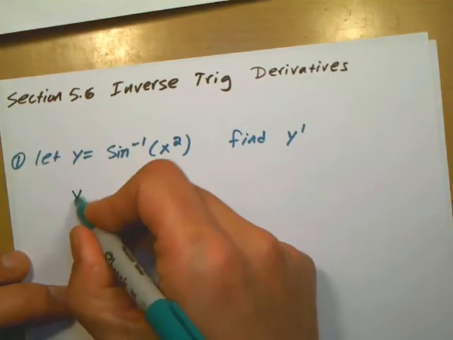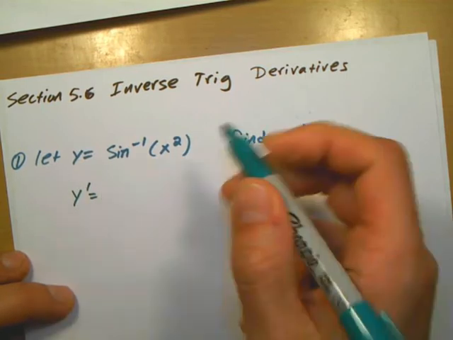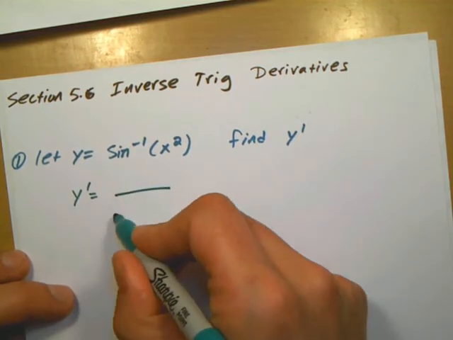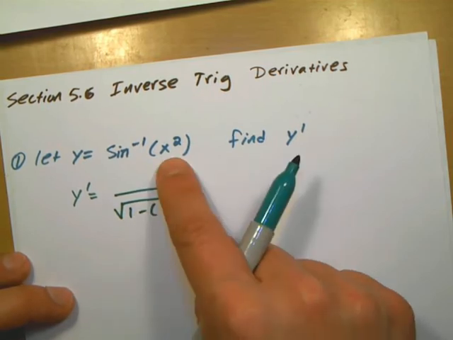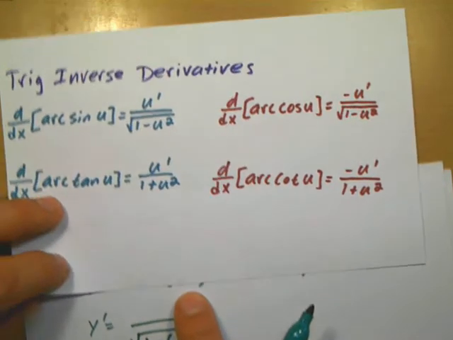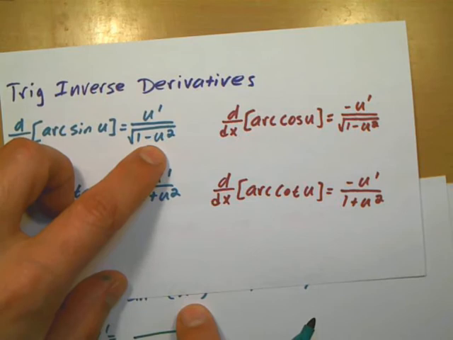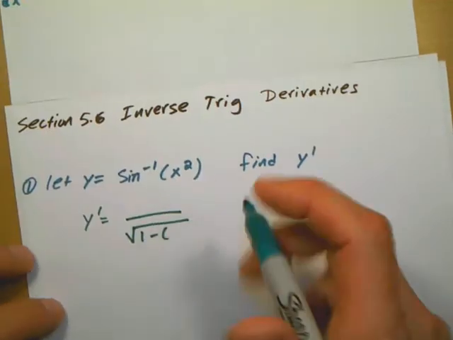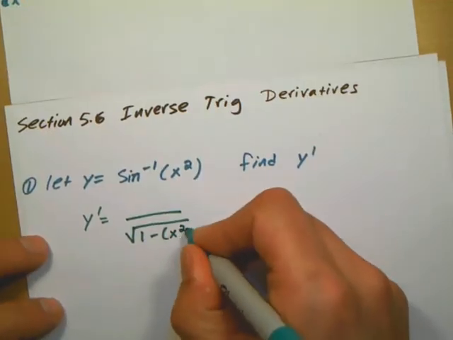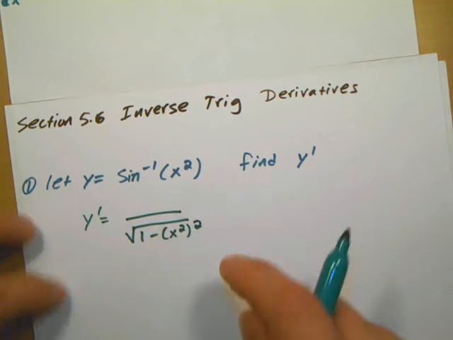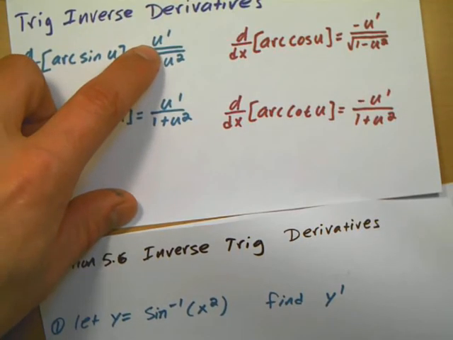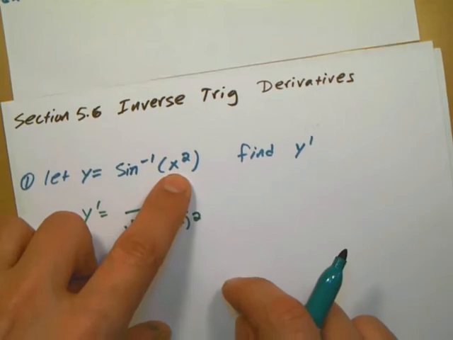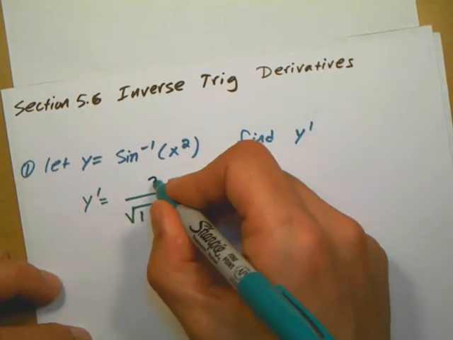So for this one, y prime is just going to be the square root of 1 minus the argument squared, so 1 minus, in this case, it's x squared, so it's going to be x squared squared, and it's going to be with u prime up on top, this u prime being x squared, so the derivative of that is going to be a 2x.